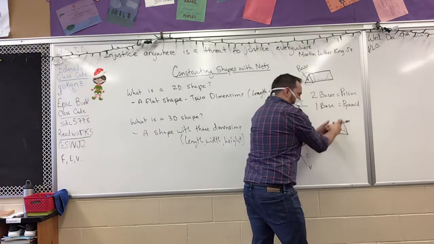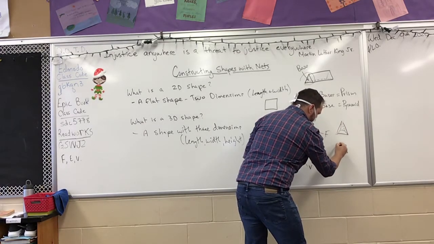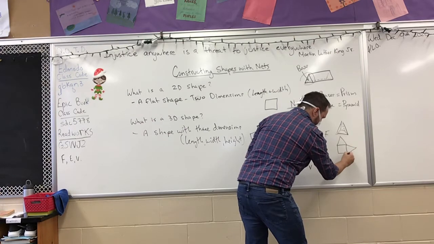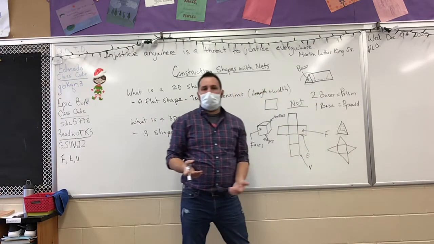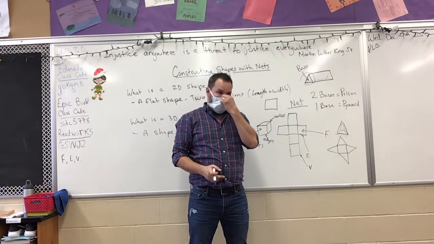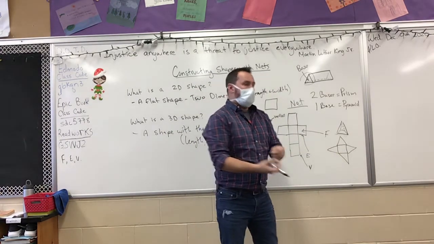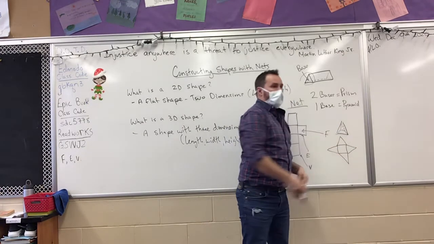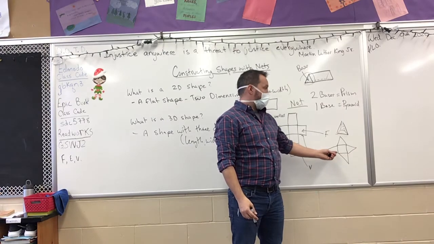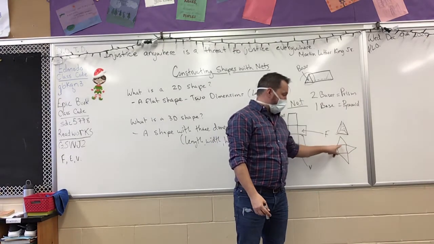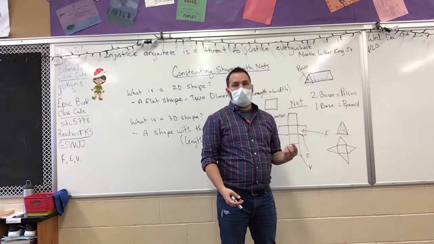If we were to open it all up, it would look like this. Ooh, that's not exactly accurate, but you get the idea. So this one, because it has one base at the bottom, right, and these would all fold up, we call this a square-based pyramid.